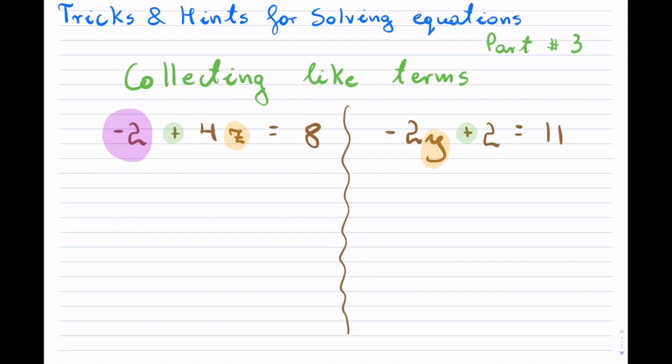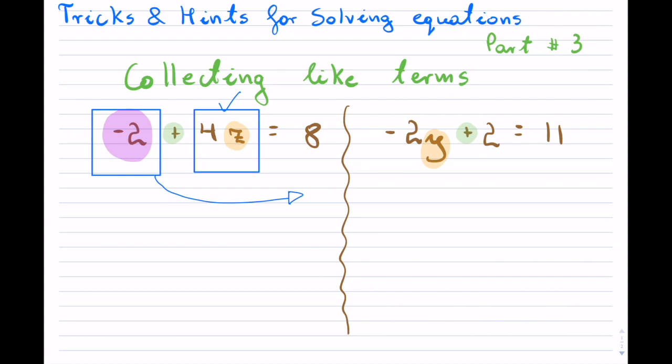So I have two terms on the left. This term has a z, so I want to keep it, but the -2 does not. So I will want to get rid of it and shift it over to the opposite side.